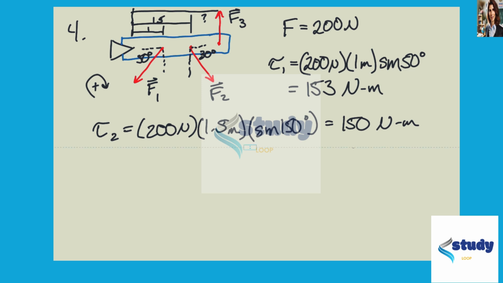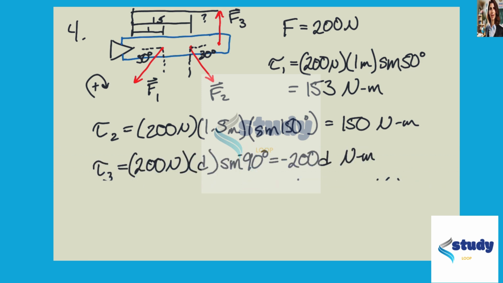Now the last load again has a magnitude of 200 newtons, but it acts at some unknown distance d, and it makes an angle with this vector of minus 90 degrees. So that gives us minus 200 d Newton meters.